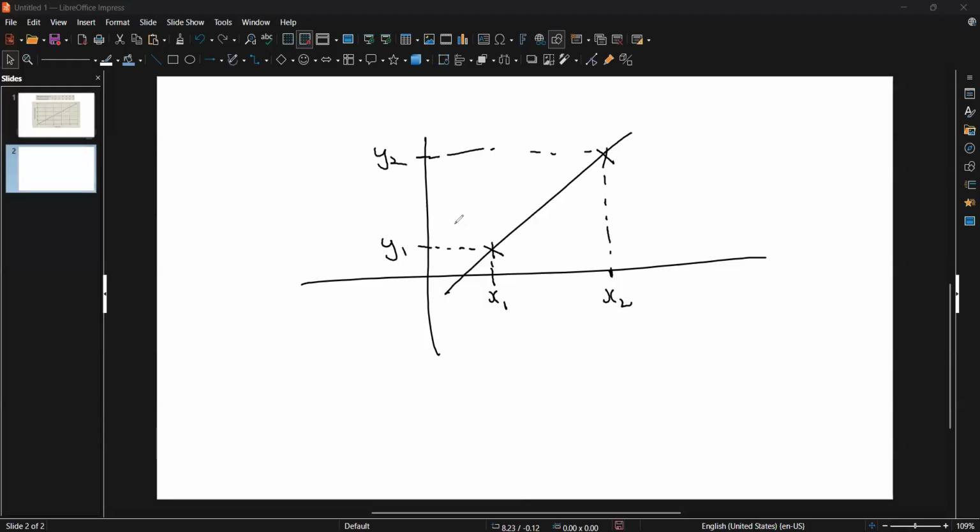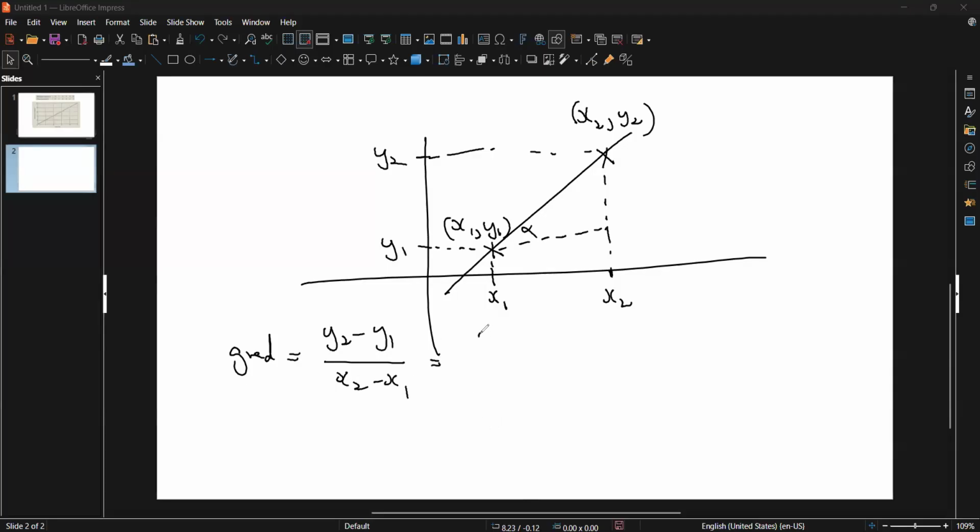So the coordinates here are x1, y1 and x2, y2, and you have to find the gradient of this line. Basically, if you take these 2 points, it's like you're finding the tangent of this angle here. So gradient equals y2 minus y1 over x2 minus x1. It's also the same as y1 minus y2 over x1 minus x2. It's the same thing, you'll get the answer.